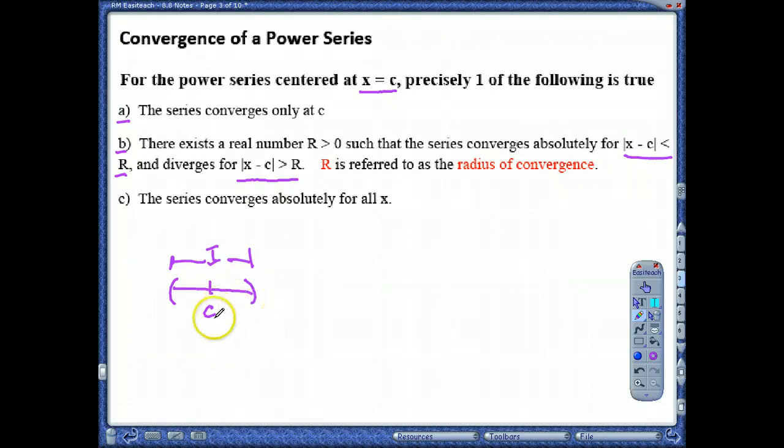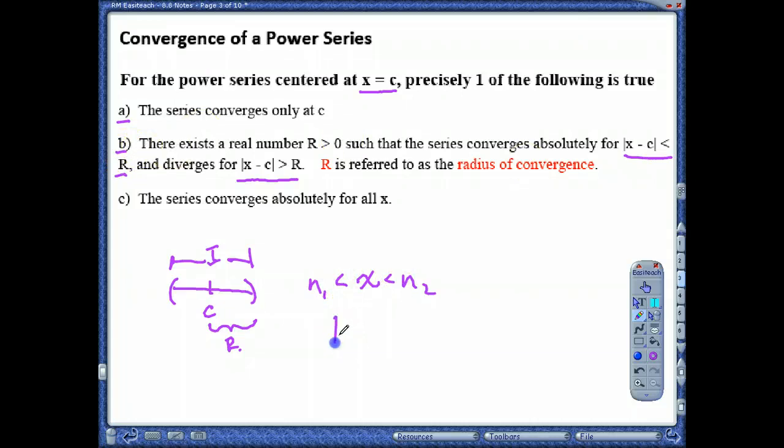And what we like to do is go outward and talk about the radius. So instead of giving it as an interval, we're going to give it as a radius.